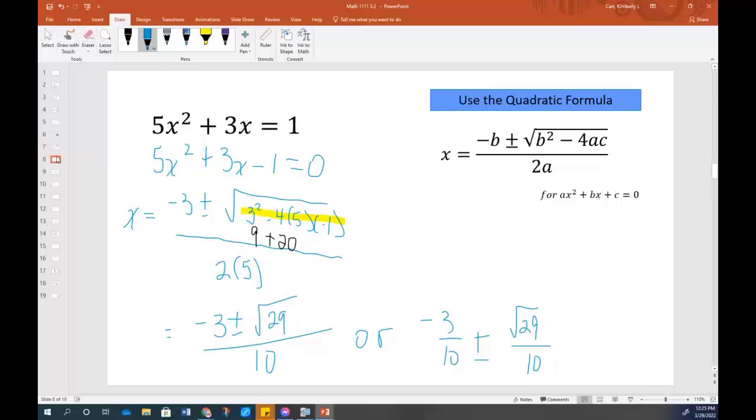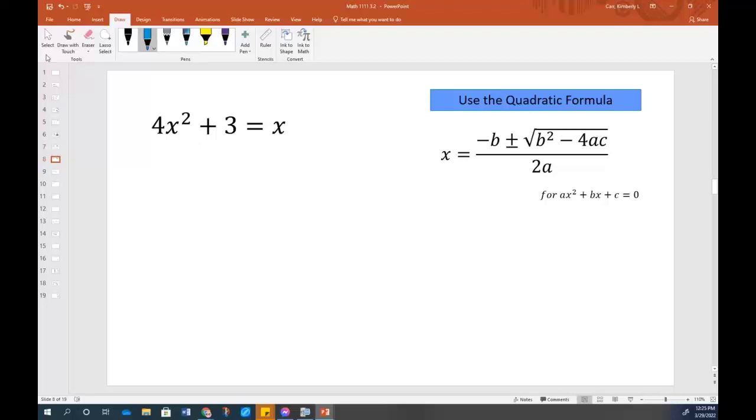All right, so now we've looked at the quadratic formula. We'll do another one, because my focus here is just to make sure you rearrange these correctly, because you have to have them lined up as ax squared plus bx plus c equals 0 first. So I need to bring that over and let it land right here in the middle. So I have 4x squared minus x plus 3 equals 0.